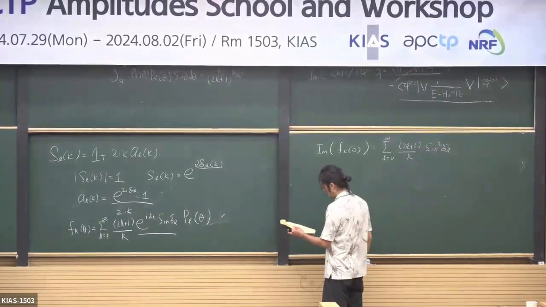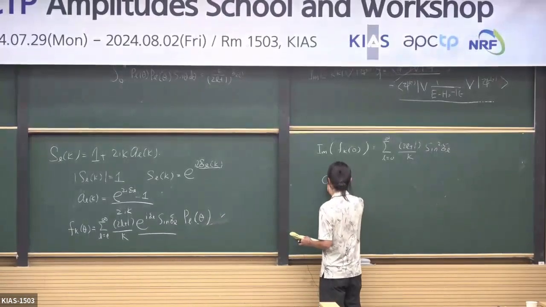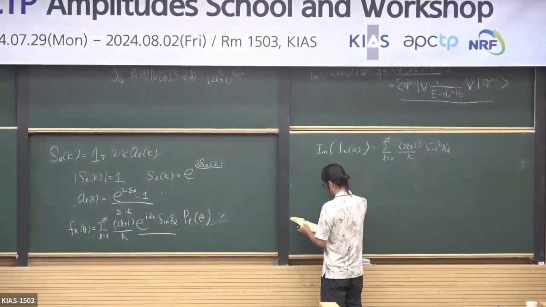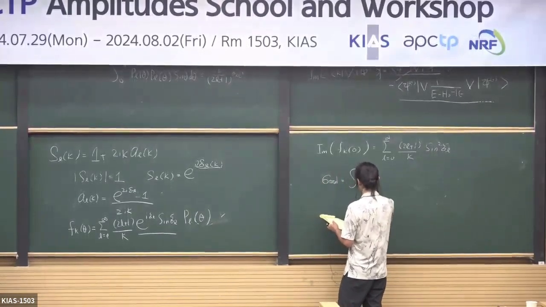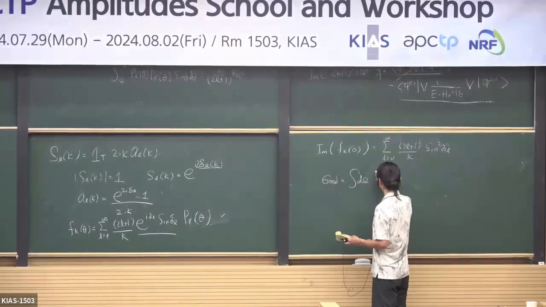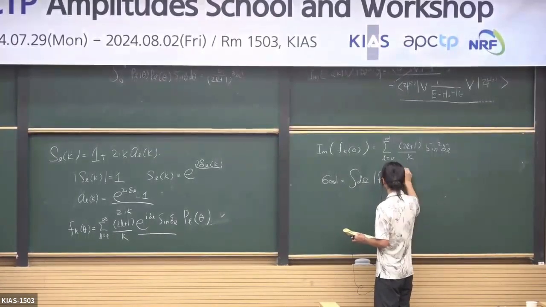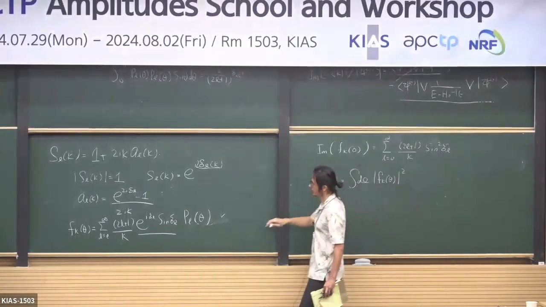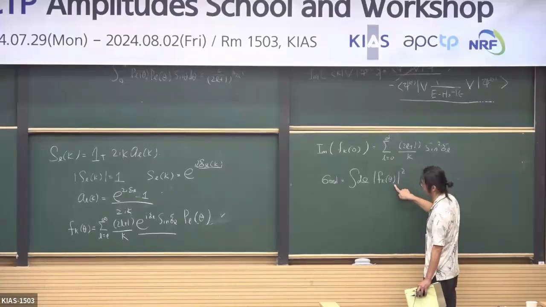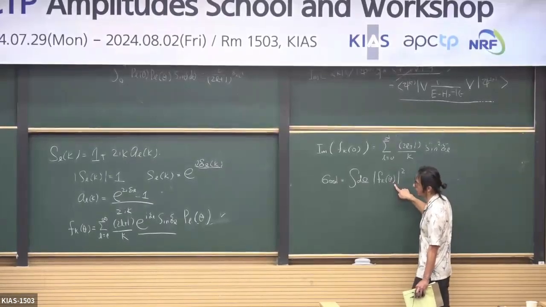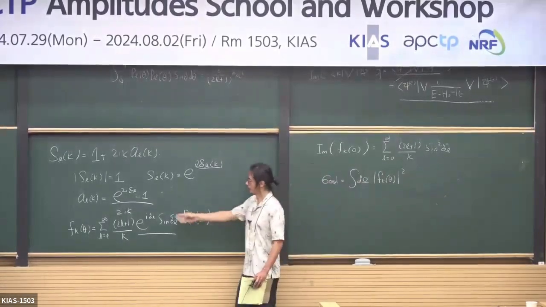On the other hand, we know that our total cross section is just integrating over the phase space of |f_k(θ)| squared. So we can just plug this in here. Plug |f_k(θ)| squared into here. Obviously, the phase factor will cancel out.